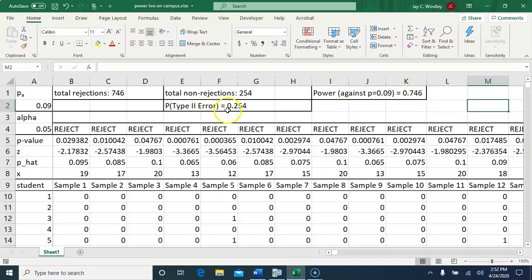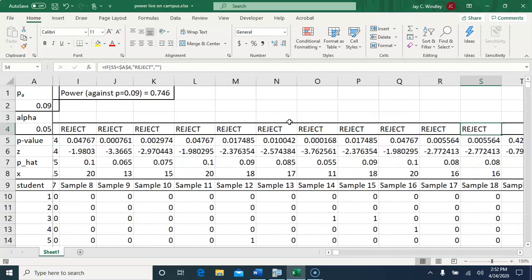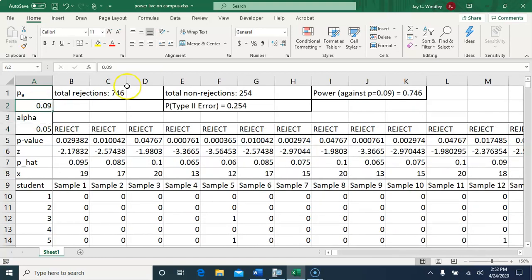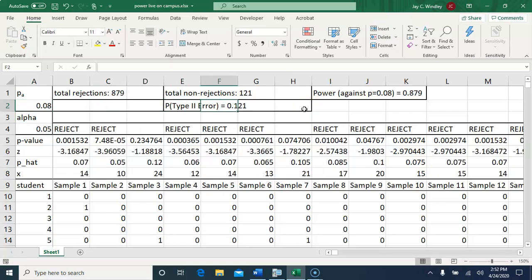Sometimes, about 25% of the time, we're making a type 2 error, meaning sometimes we fail to reject, even though the null hypothesis is false, 0.09. And again, the more false the null hypothesis is, let me change it to 0.08, the greater our power.